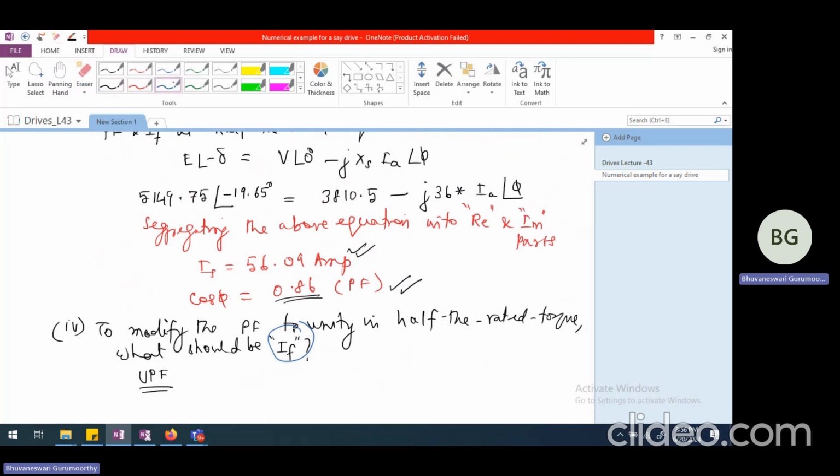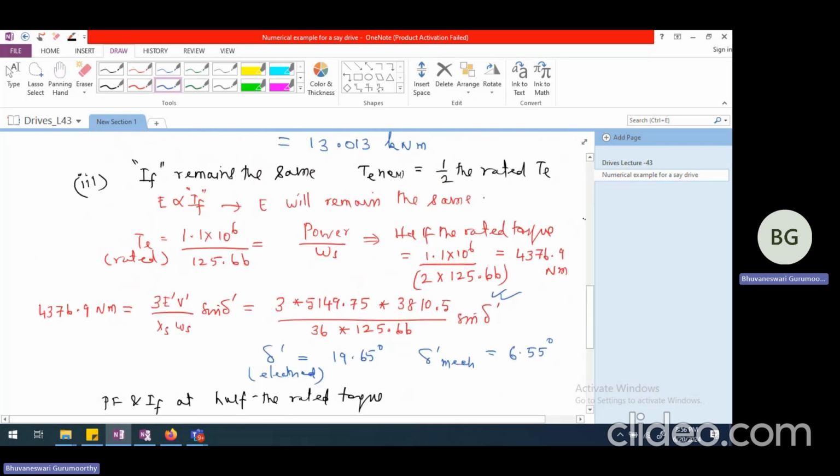So the torque is half the rated torque. That is already given and it is unity power factor condition. So we should be able to write this as the torque is half the rated torque, which was 4376.9.